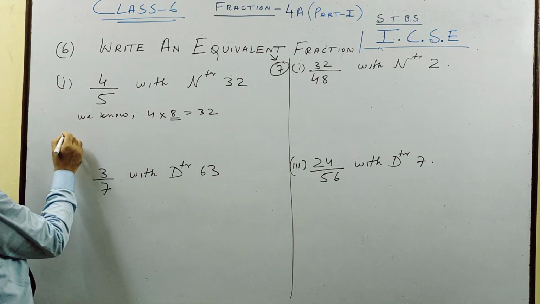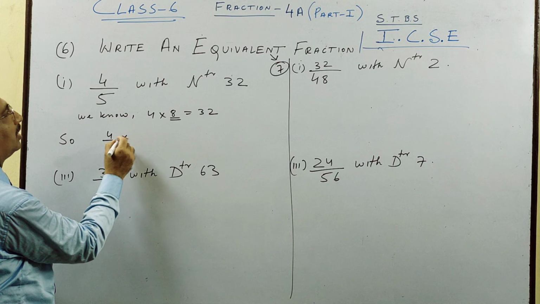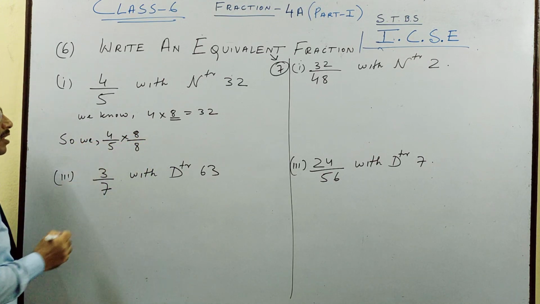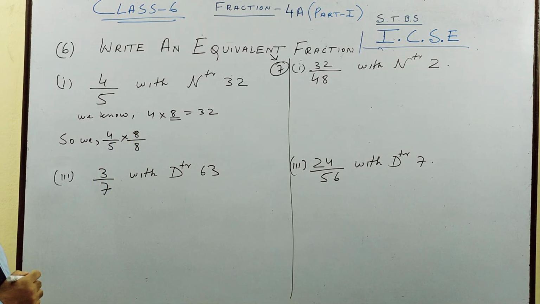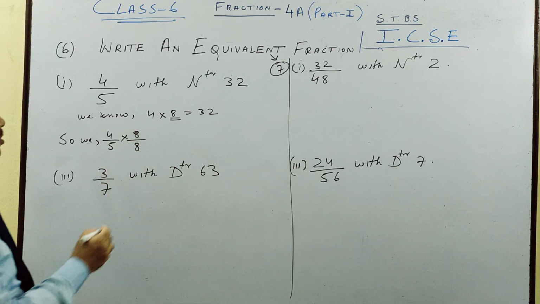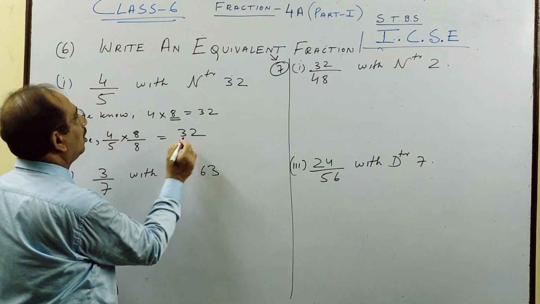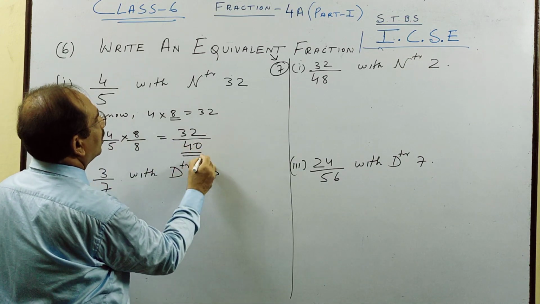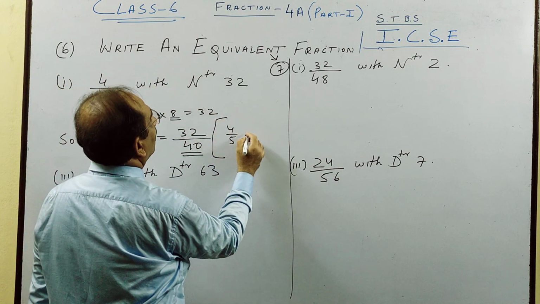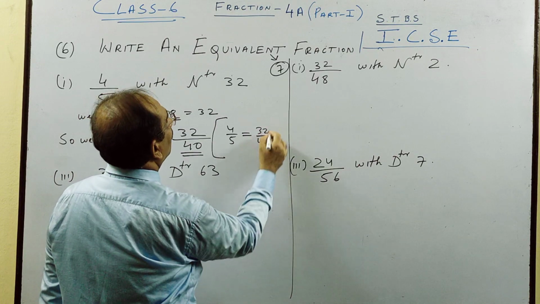So we multiply and divide 4 by 5 by 8, up also, down also. So what do we get? 32. 4 8s are 32, 5 8s are 40. So finally you see 4 by 5 is equivalent or equal to 32 by 40.